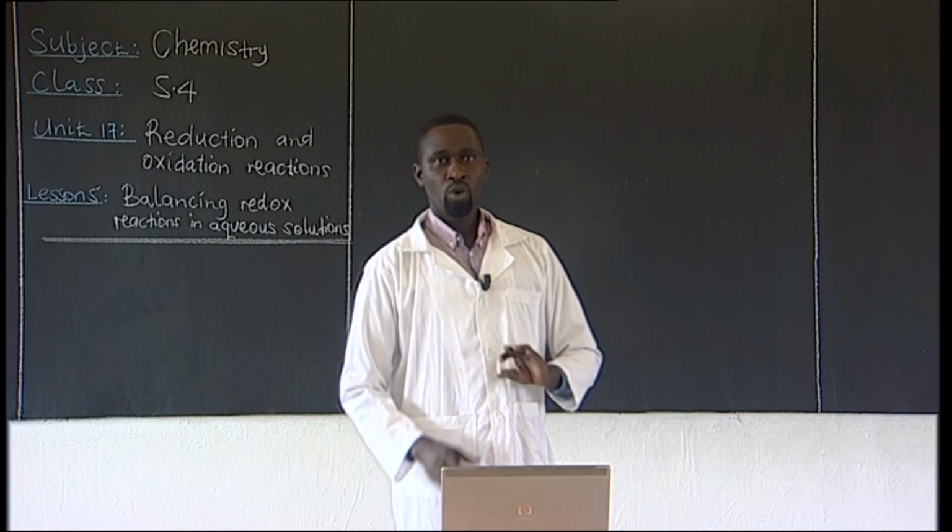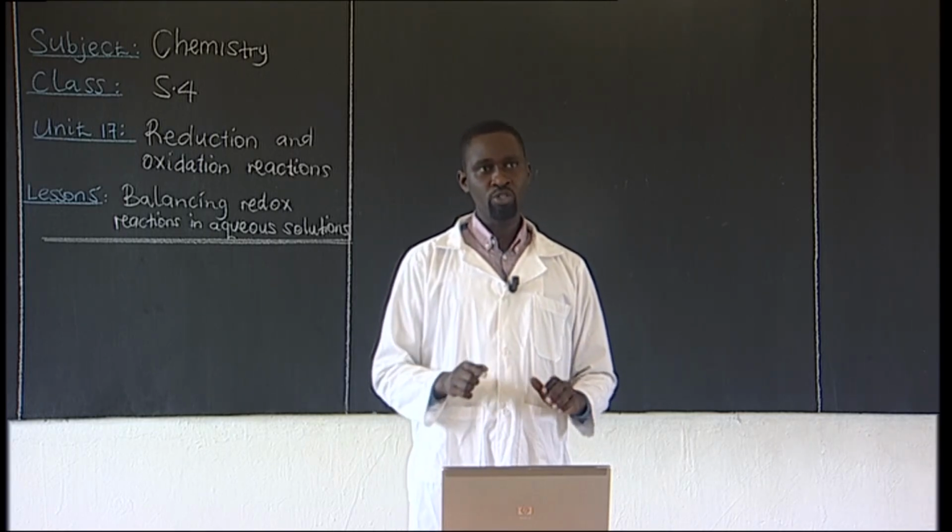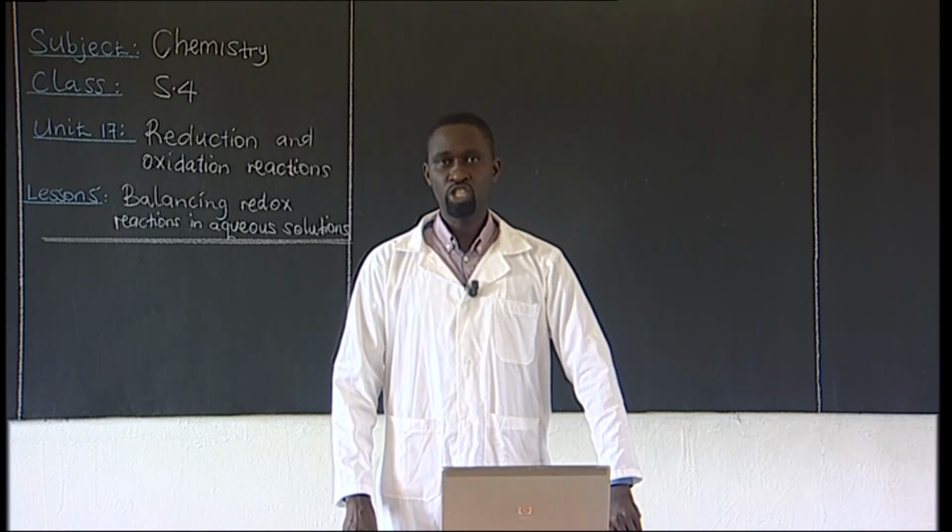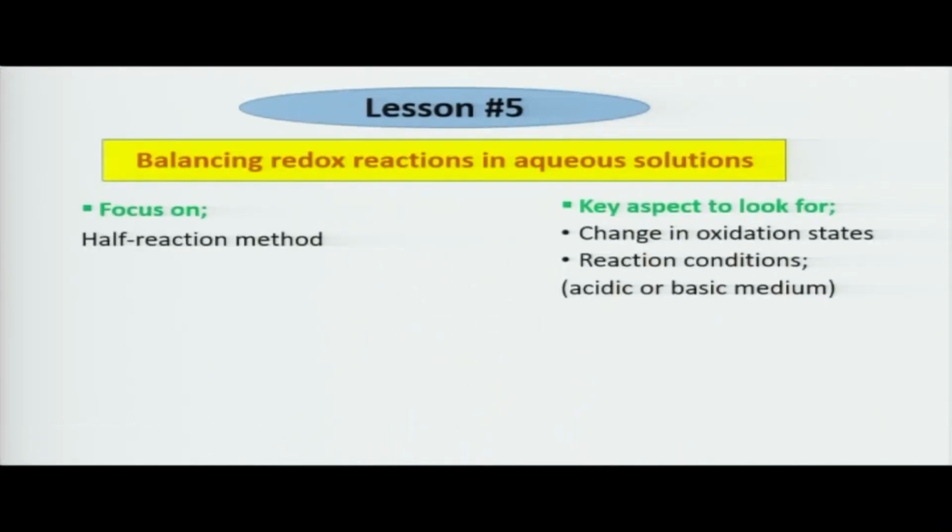So quickly, what we're going to look at in this lesson will be applying the half reaction method in balancing redox reactions. I always give you the key components of the lesson so that you do not miss out.